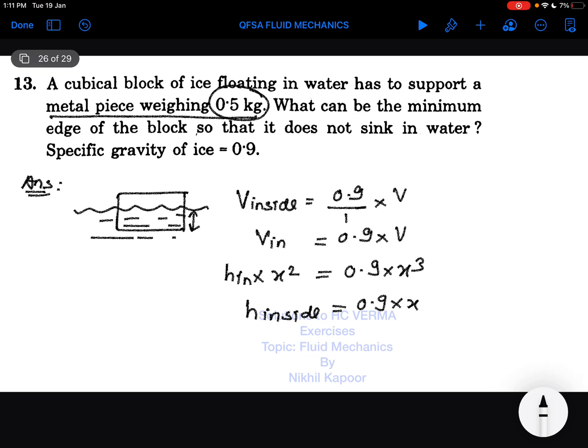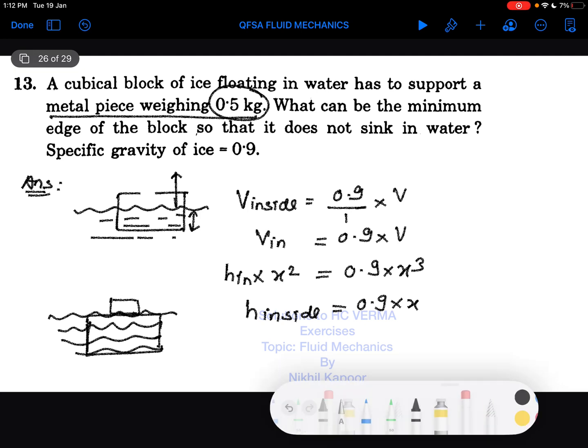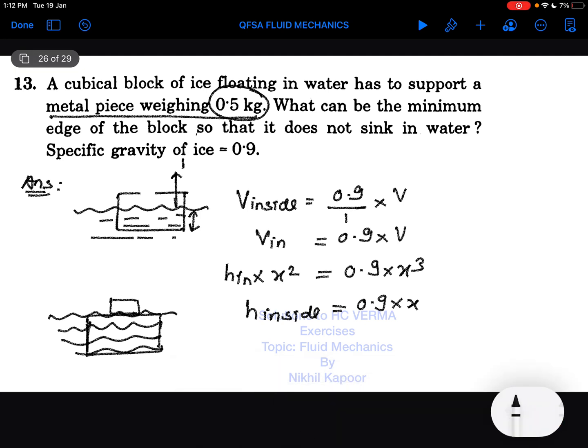Now the weight of 0.5 kg is being put on it. After putting the weight of 0.5 kg, the ice cube will come down with the weight on its top and the complete cube will be submerged. As we know very well, initially the upthrust is balancing the weight of ice only.